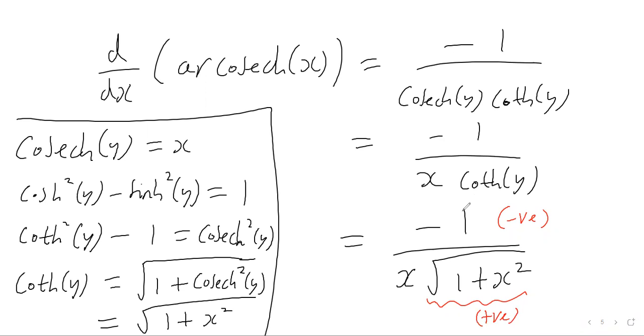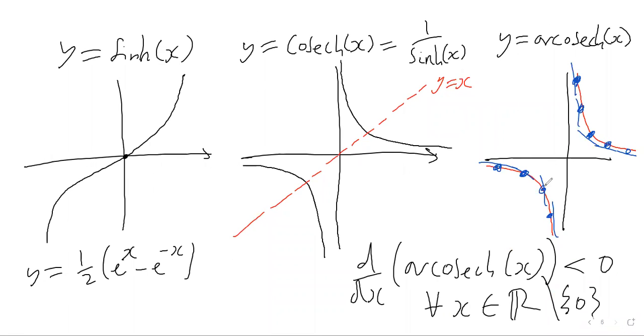We want a derivative which must be negative. We want this function to be negative for all values of x. We've got a negative on the top, a positive on the bottom, so this thing there has to be positive. We've got to ensure that it is positive in order to get the gradient we need, which is negative for all values of x.